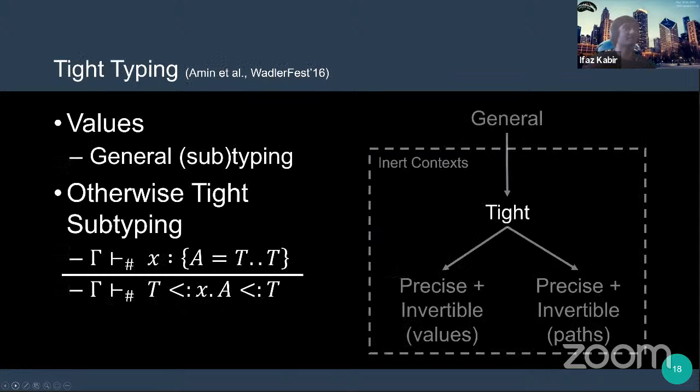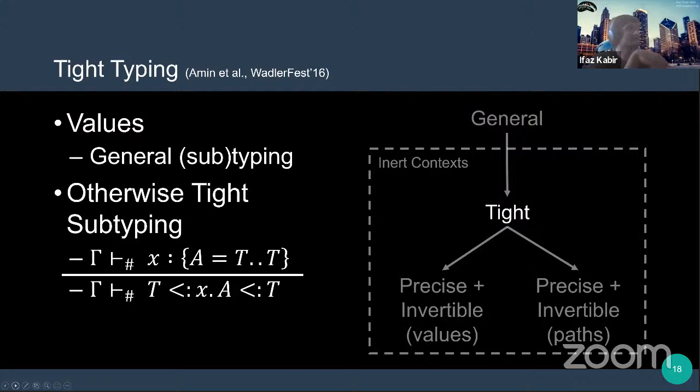So what is tight typing? In tight typing, values are typed using just general typing and subtyping. Otherwise, we use a different subtyping rule when figuring out subtyping between paths and other types.